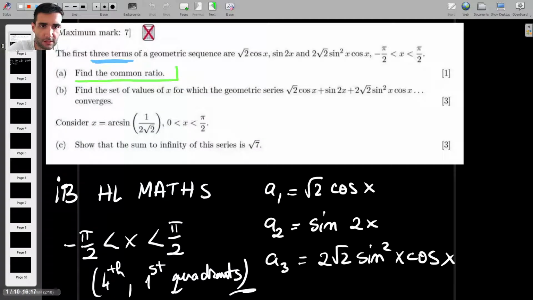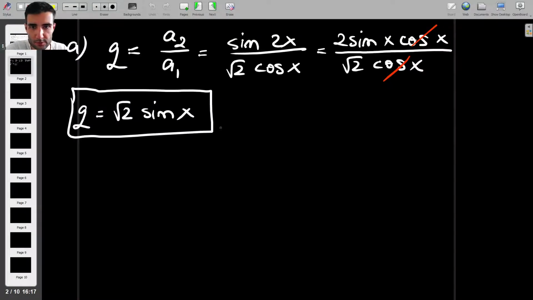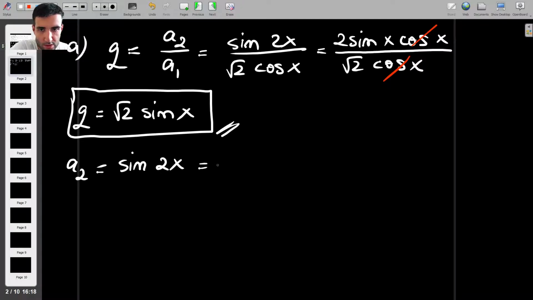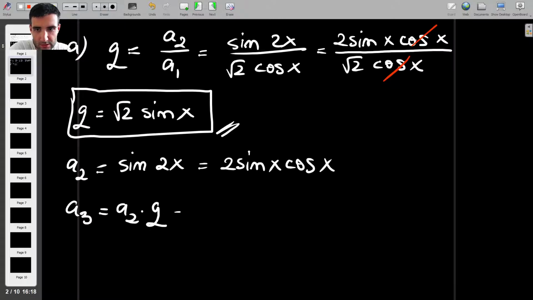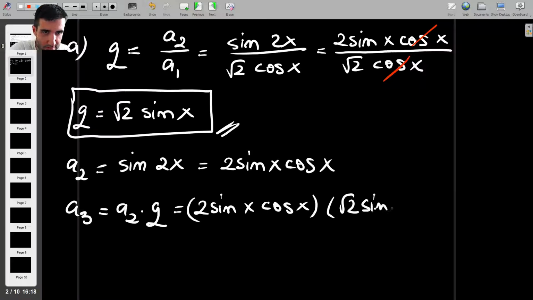Just to check this, we're going to try to obtain the third term from the second term by multiplying the second term with this. A2 is sine 2x, which is of course the same as 2 sine x cos x. If this is indeed a geometric sequence, then we must have A3 equals A2 multiplied by Q, which is 2 sine x cos x times root 2 sine x.